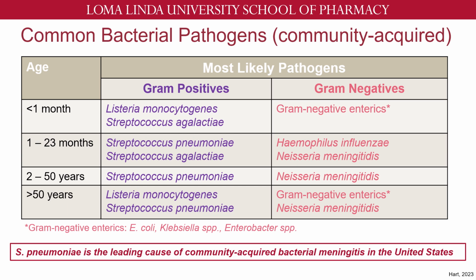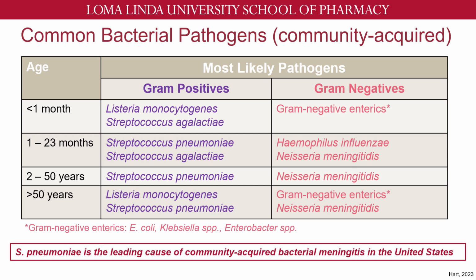So we'll start with the first age tier here, so less than 1 month. For patients who are less than 1 month old, the gram-positive organisms that we are most likely going to suspect will be Listeria and Streptococcus agalactiae. When looking at gram-negative pathogens for these patients, we are generally going to think of our gram-negative enterics, which are down here, E. coli, Klebsiella, or Enterobacter species.